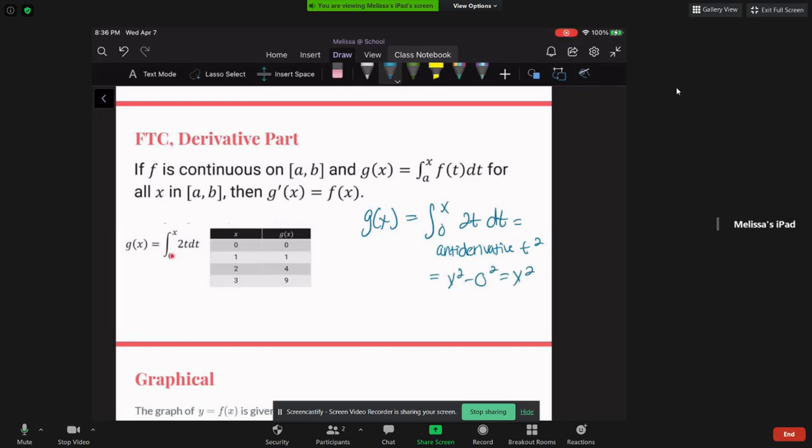And you can see here also the connection between that and this table that we did in that 6.2 lesson. x squared gives us all of those values. You can also apply the first part of the fundamental theorem, which says that g prime of x equals f of x. If we find the derivative of x squared, it's just 2x, which brings us right back to all the stuff over here.